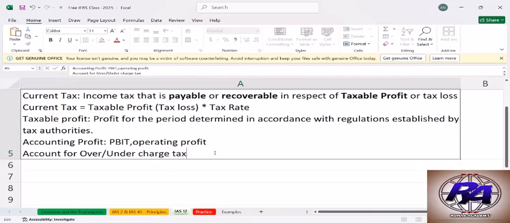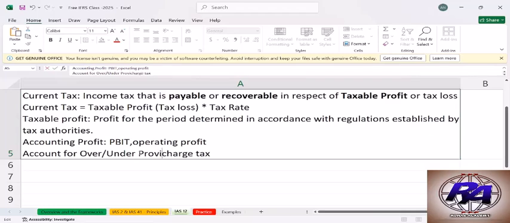So it is for you to determine your overcharge or undercharge tax. Another word will be under or overcharge provision. Why provision?